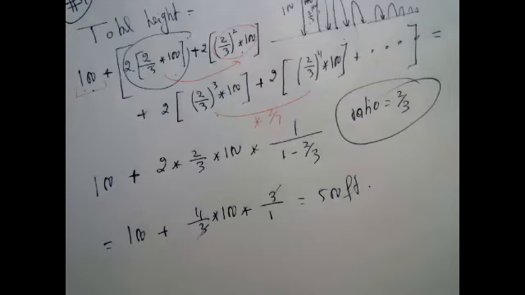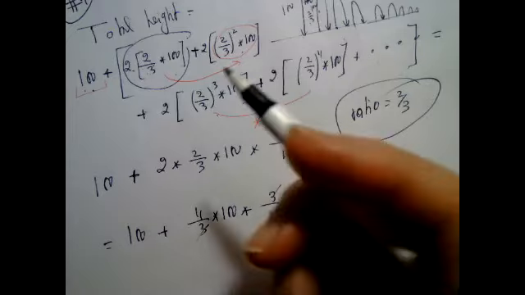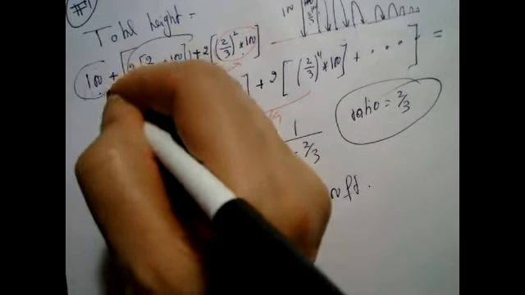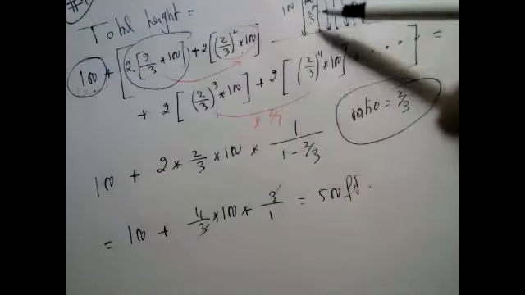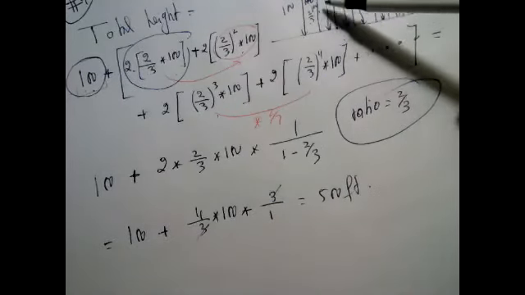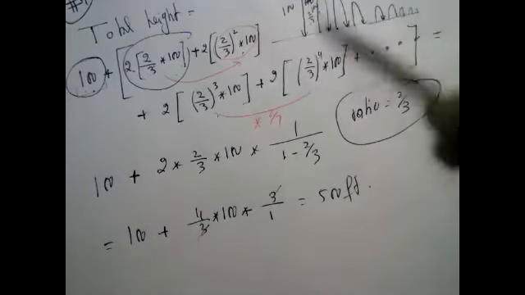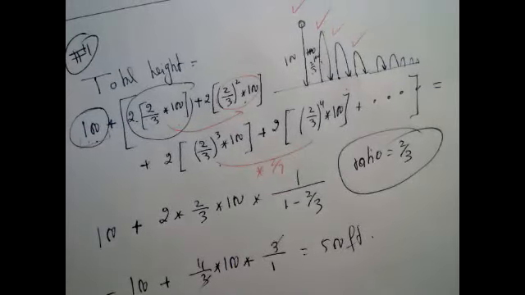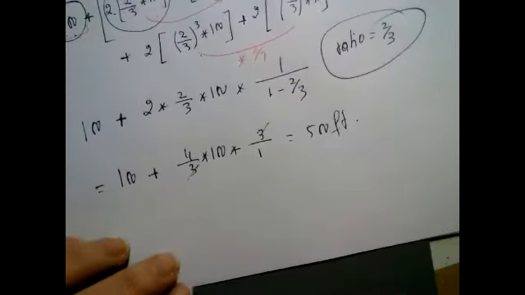What lesson did we do these problems on? That's a geometric series. That's a geometric series because every time it is 2/3 of what it was before. And that's how a geometric series works.